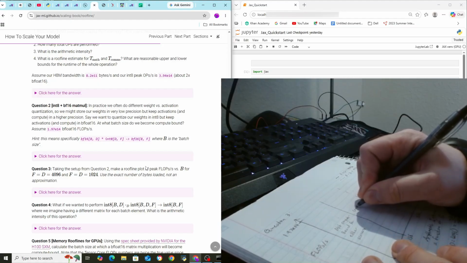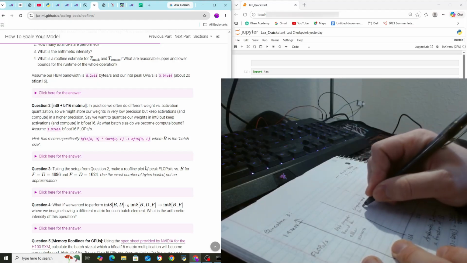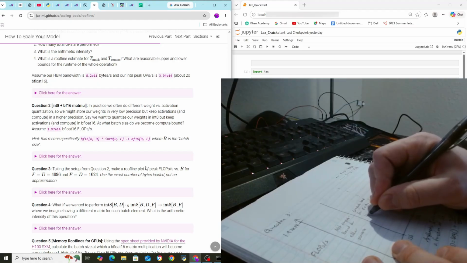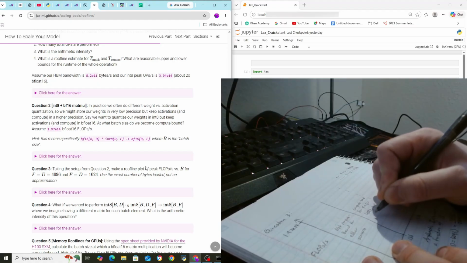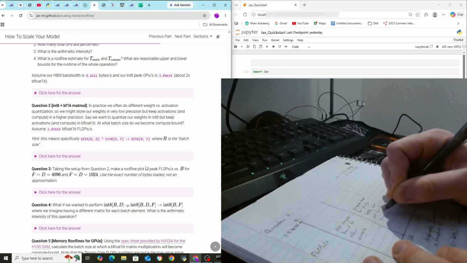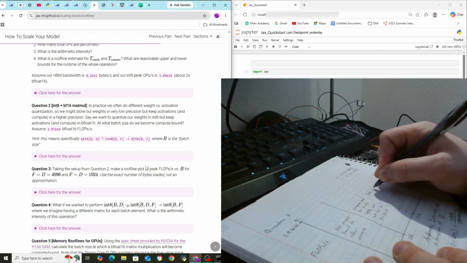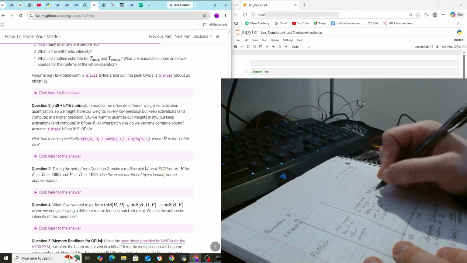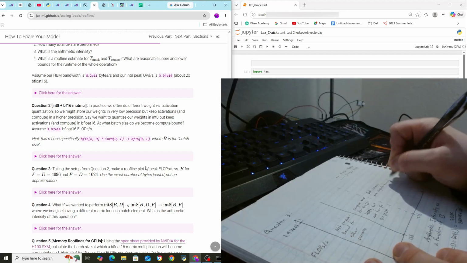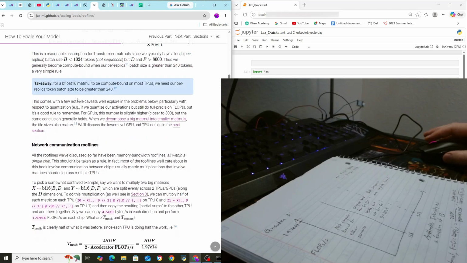And then we can say compute bound for F equals D equals 4096, but not for F equals D equals 1024. And we can say both scenarios are compute bound. So we got that major part.